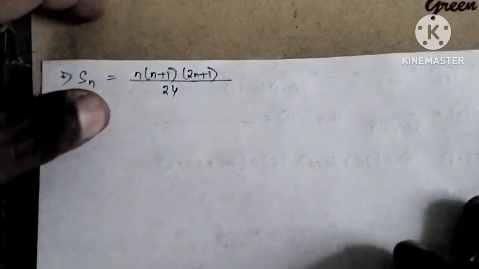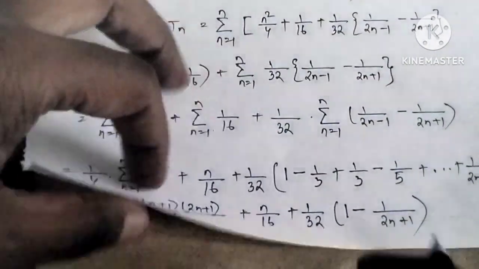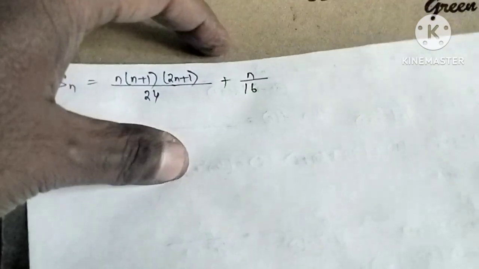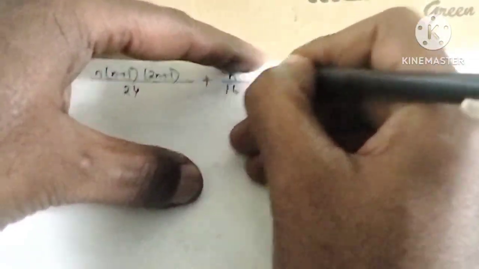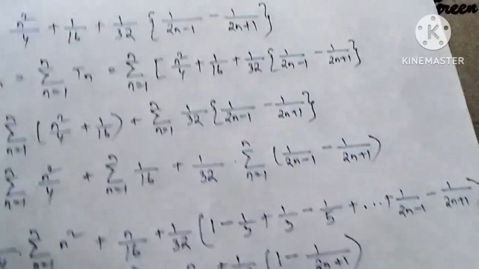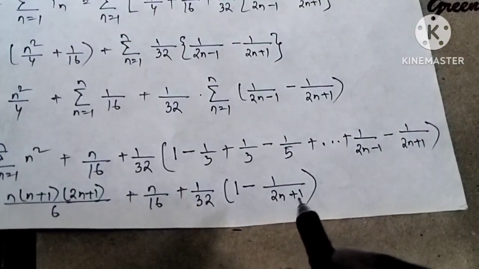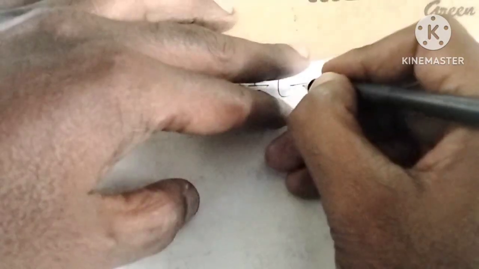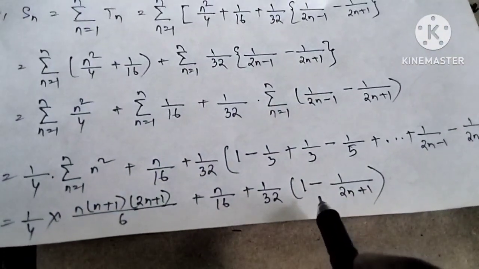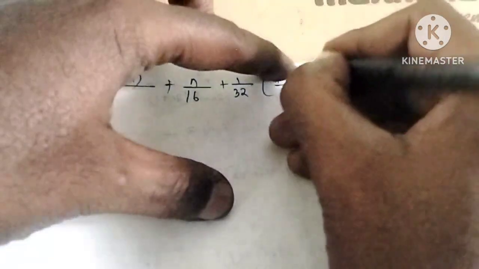Okay, plus n by 16 plus 1 by 32 into, LCM will be 2n plus 1, 2n plus 1 in the numerator will be 2n plus 1 minus 1, 2n plus 1 minus 1.